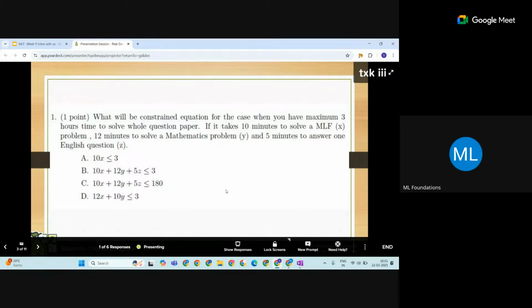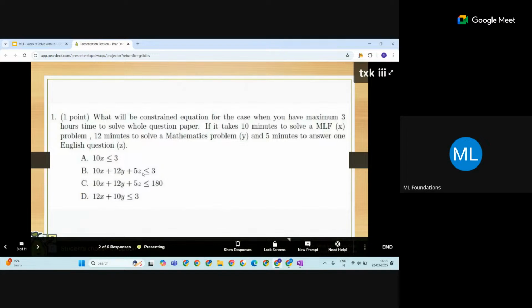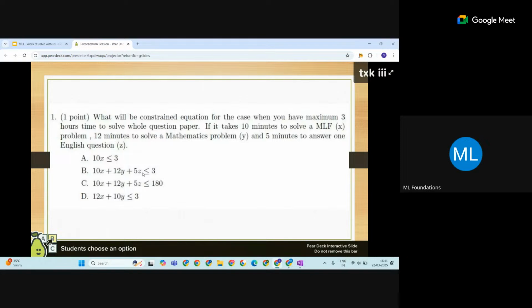So all of you try this problem. This is the first problem. The question is, what will be the constraint equation?